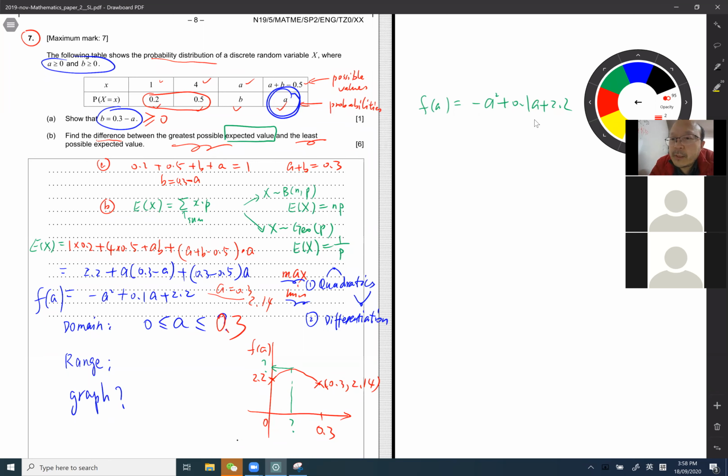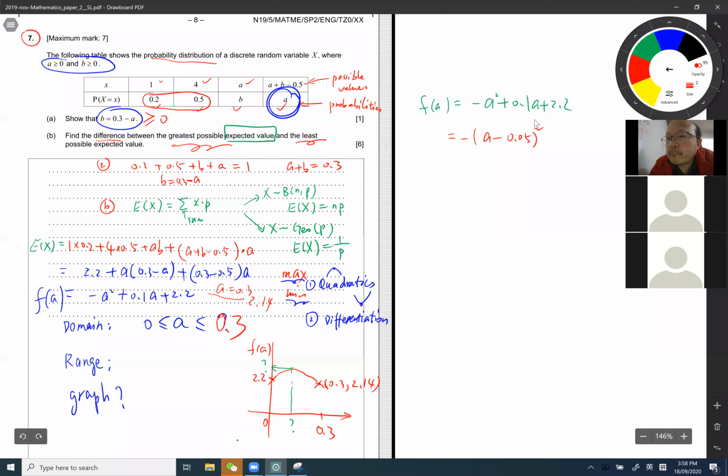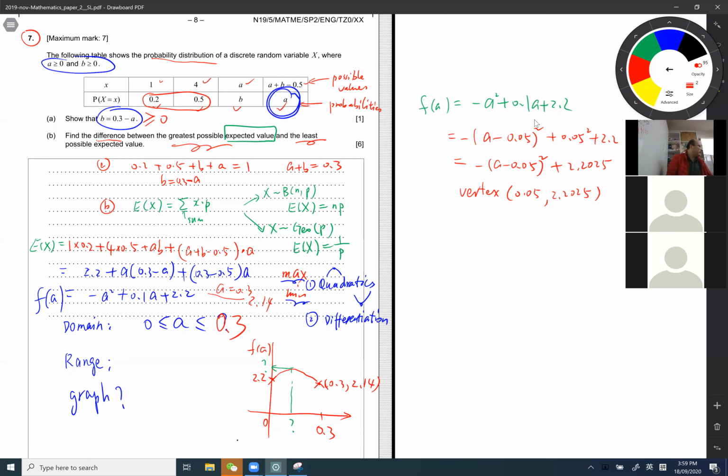Complete the square: negative (A minus 0.05) squared plus 0.05 squared plus 2.2. So the vertex is 0.05, 2.2025.